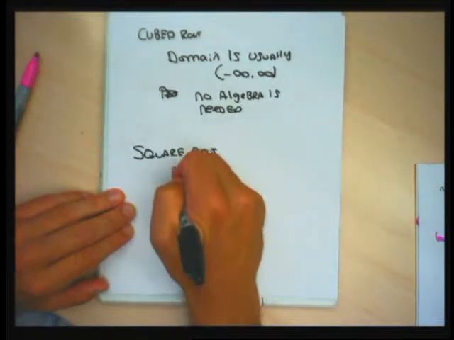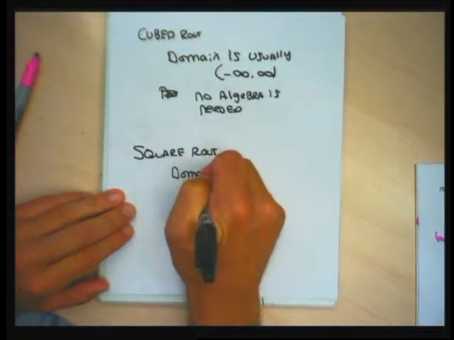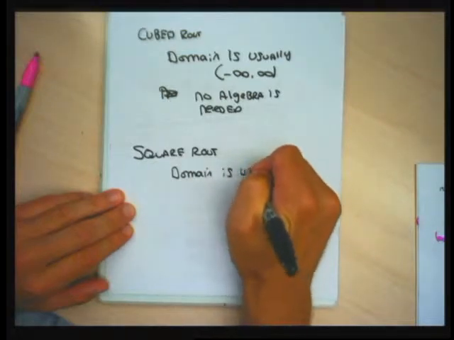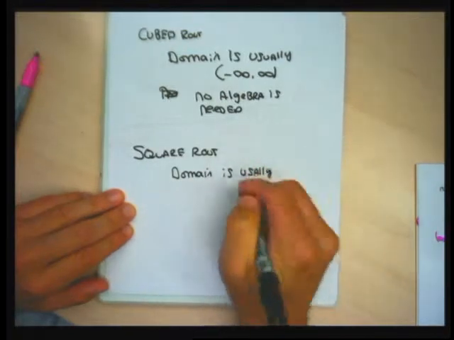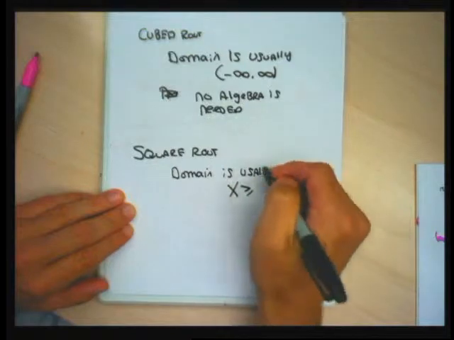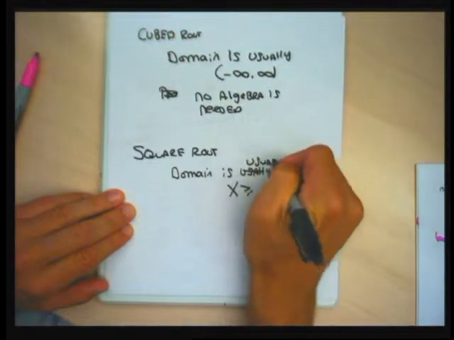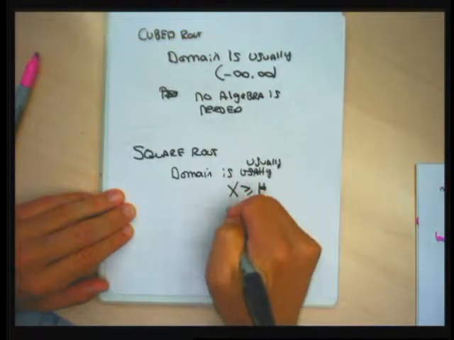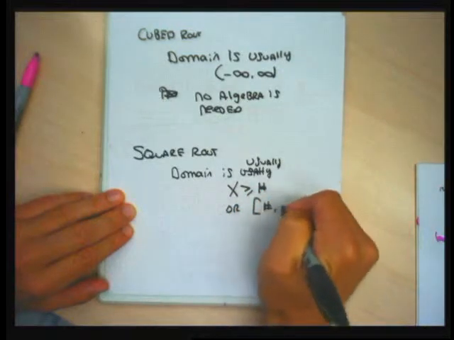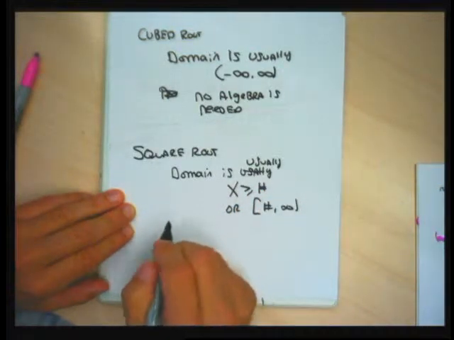For a square root, for our class, the domain is usually x greater than or equal to some number, which is the same as some number comma infinity. And there's algebra.